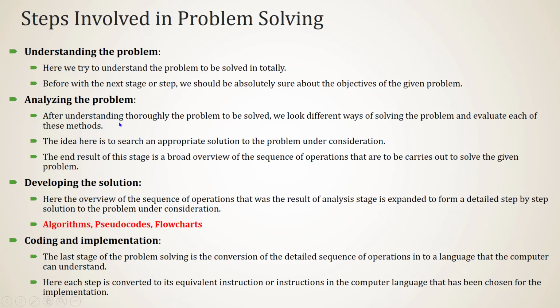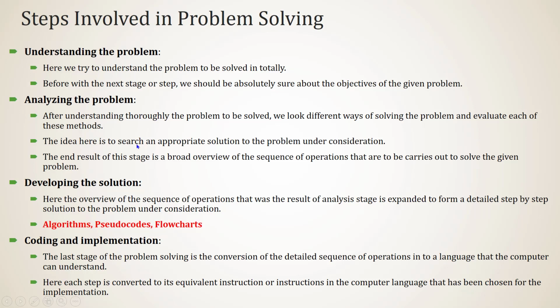Analyzing the problem. After understanding thoroughly the problem to be solved, we look at different ways of solving the problem and evaluate each of these methods. In analyzing the problem, sometimes the same problem can be solved in multiple ways. So we have to choose the best possible solution or solving method.